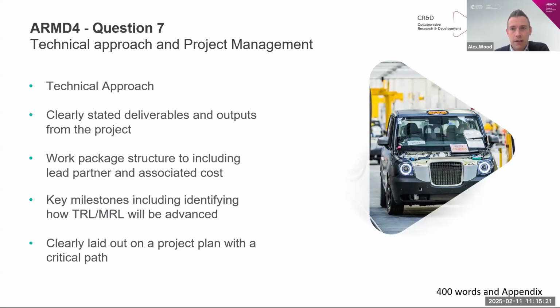Link this to the cost information as well to show interdependencies. And as I said earlier, it's about demonstrating a logical gated project lifecycle management with the key milestones towards those objectives explained.